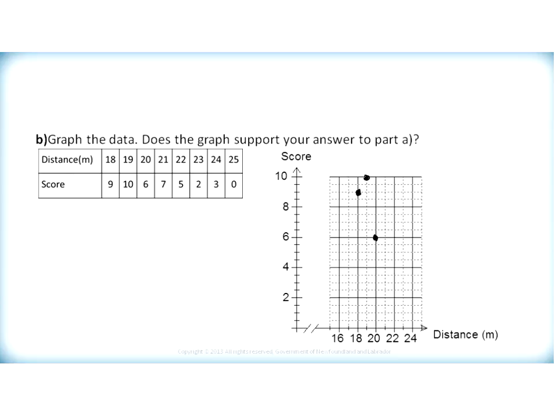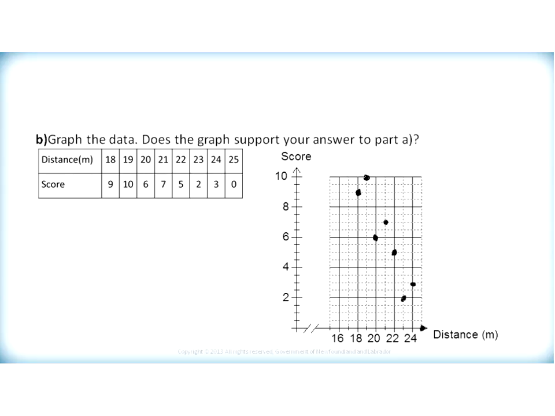When my distance is 21 meters, my score is up to 7. When my distance is 22, my score is down to 5 now. At 23 meters, it's all the way down to 2. At 24 meters, it's back up to 3. And at 25 meters, it's down to 0.